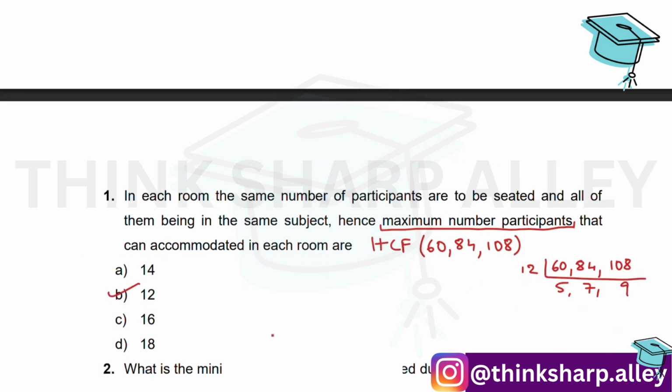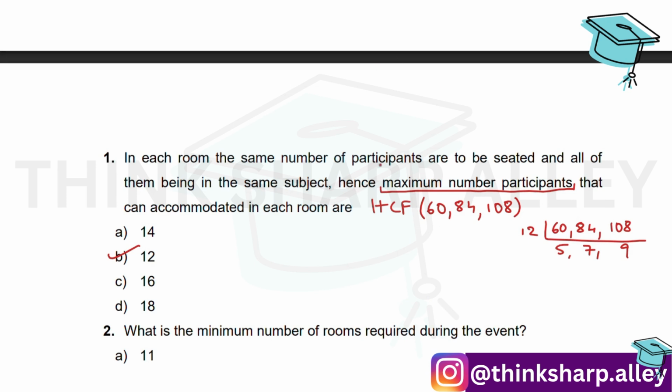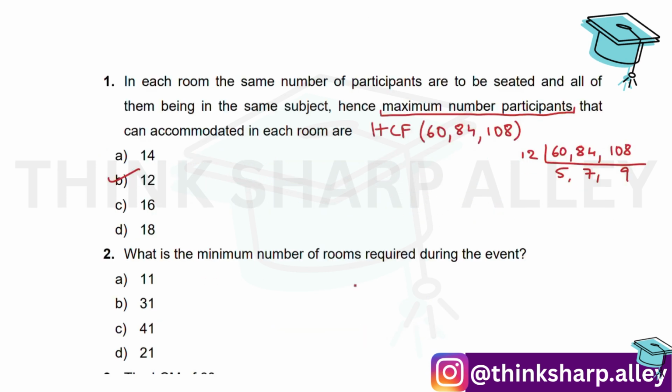Now what is the minimum number of rooms required during the event? The number of rooms will be minimum if in each room the maximum number of participants are going. So here we have seen 12 participants are there in each room. For each subject, we had Hindi, English, and mathematics, right?